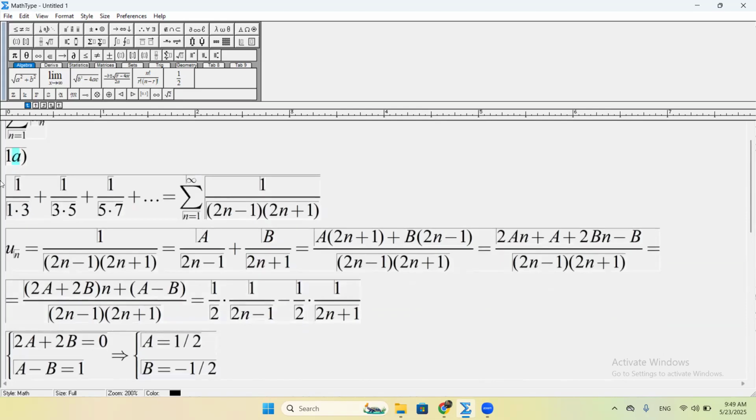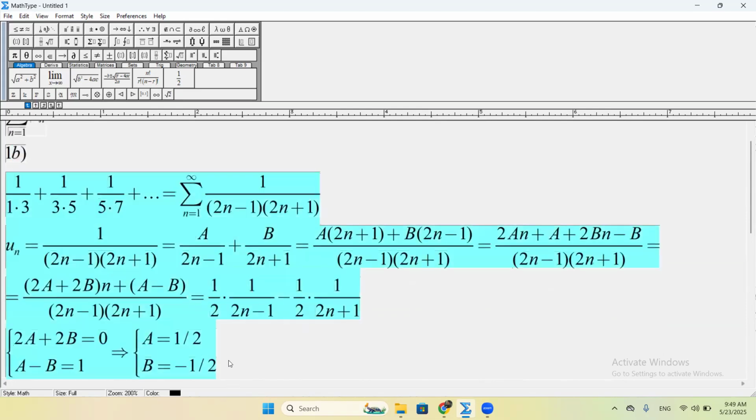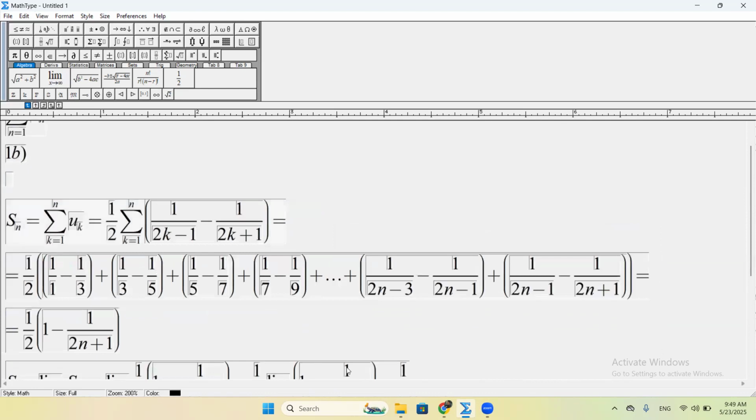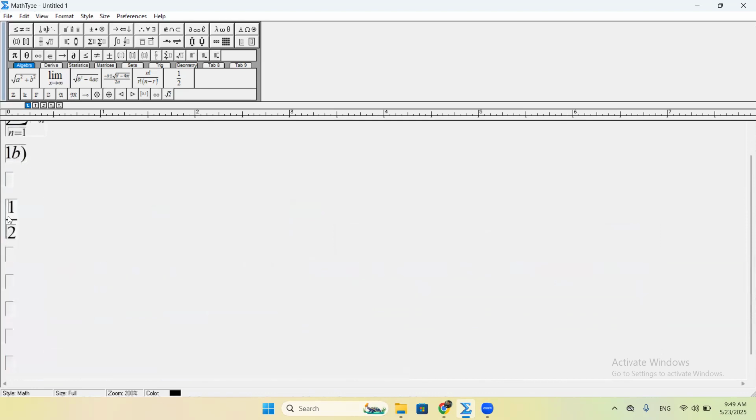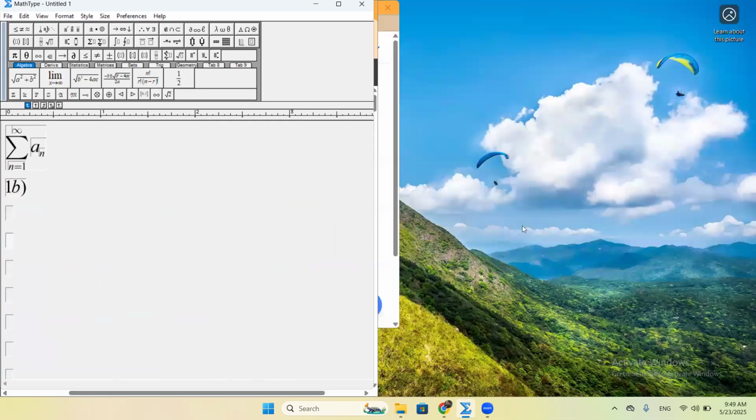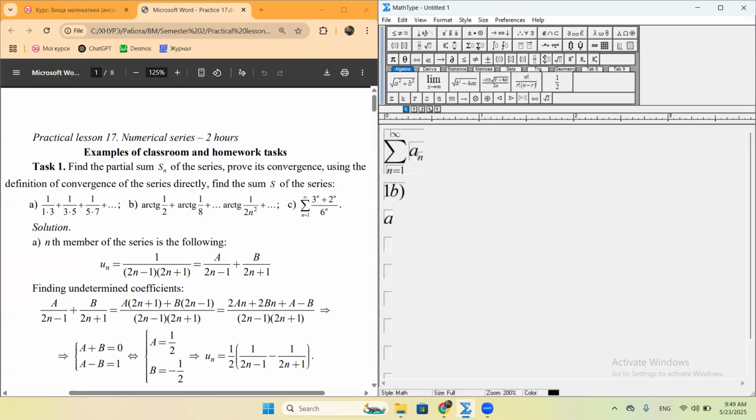Okay, if no questions, let's move to the next exercise, 1b. We will calculate the following sum of the series.